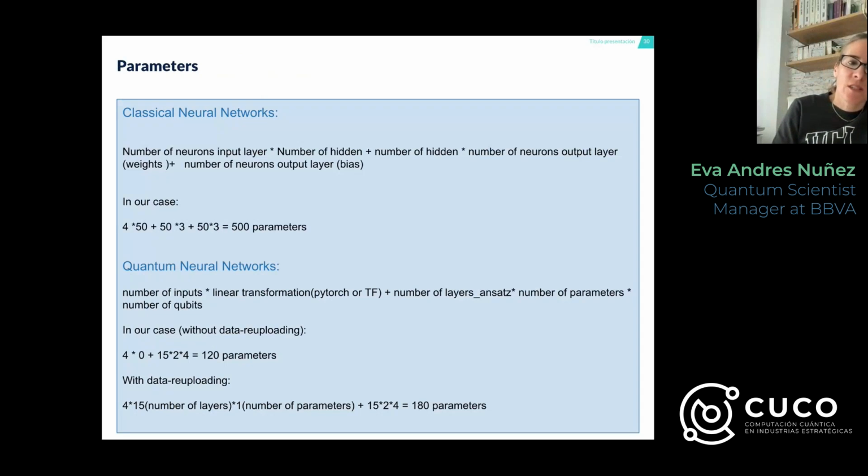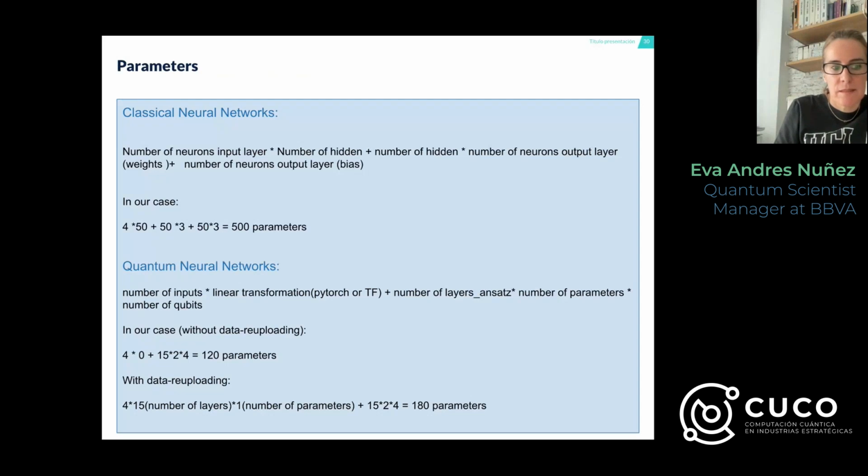Apart from finding that this model gets accurate results and better convergence than the classical one, we have other advantages, like the number of parameters. I included here the calculation of the number of parameters in the classical neural network.